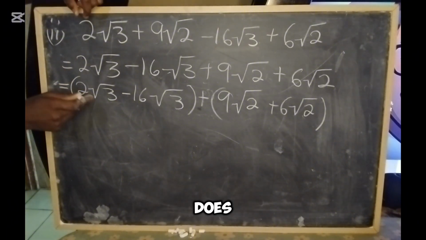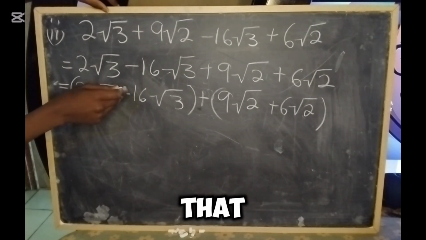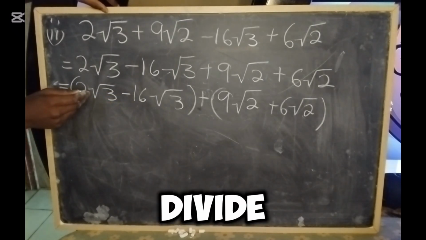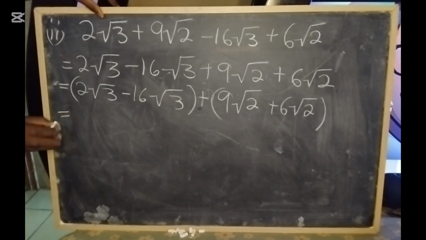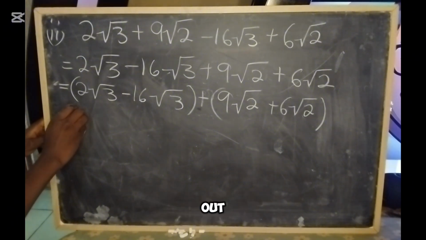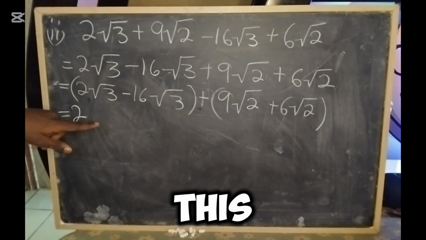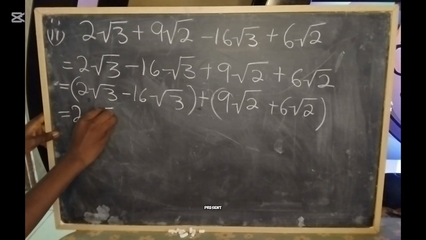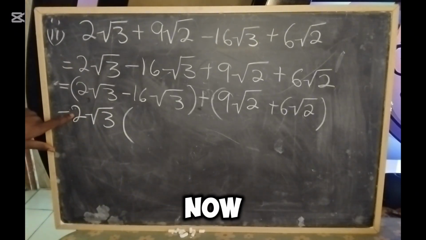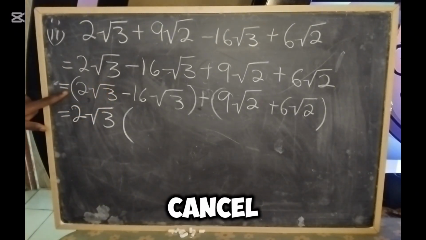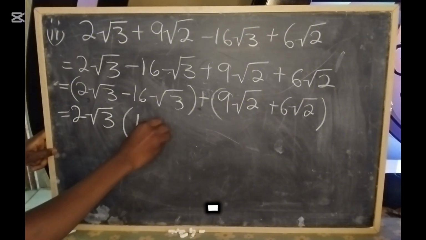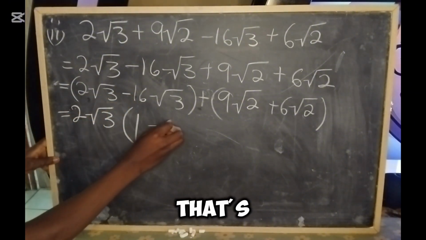Does 16 get divided by 2? Yes, it is possible that 2 can divide 16. We are going to factorize by taking out 2. Is the square root of 3 on this side and also on this side? Yes, the square root of 3 is also present. Then this will cancel this, and I'm left with 1 minus 16 divided by 2, that's 8.